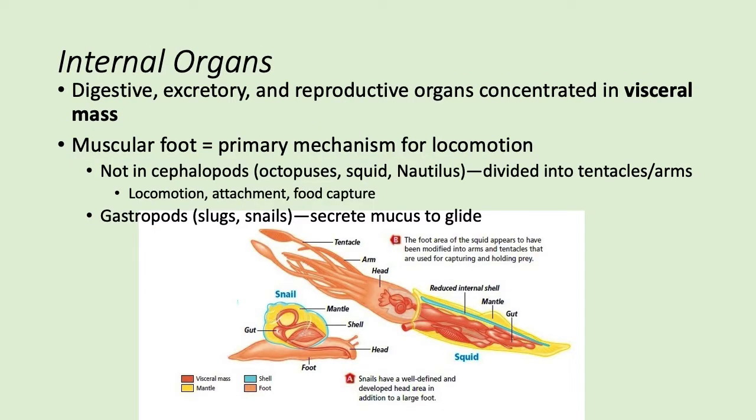Internal organs: digestive, excretory, reproductive organs are concentrated in the visceral mass. When you dissect your clams, you'll look for the structure, the visceral mass, or this area, I should say.